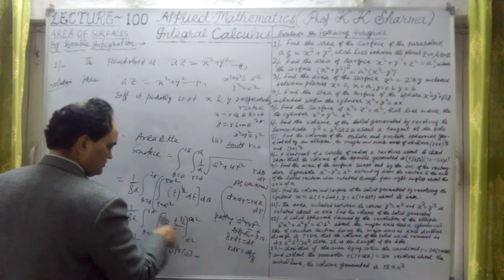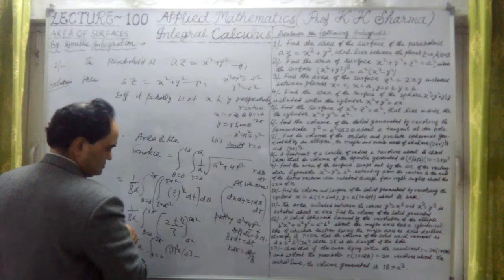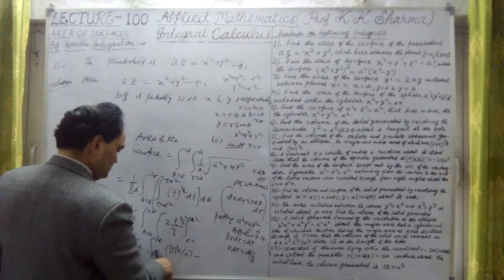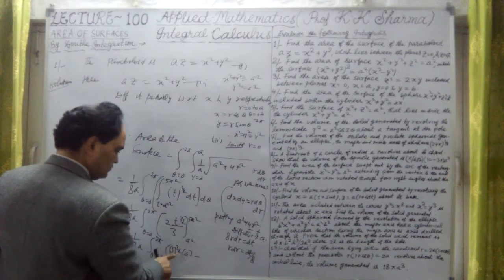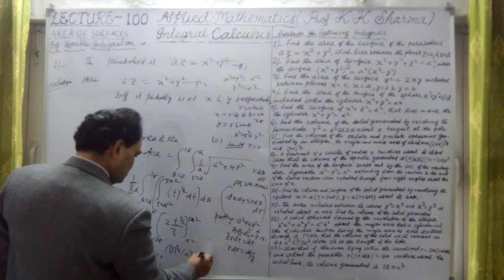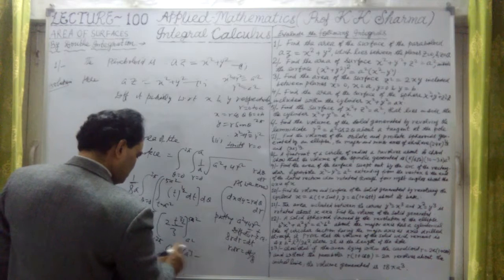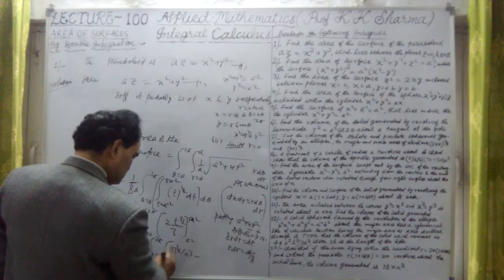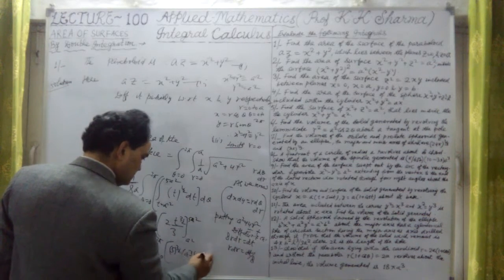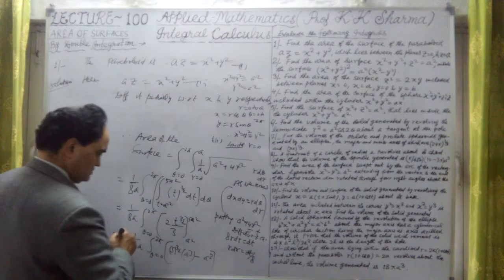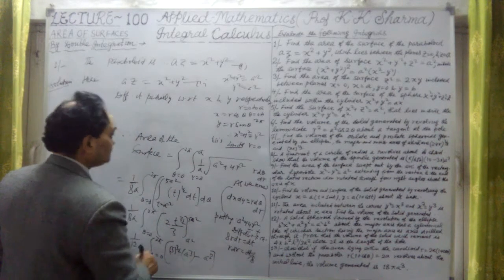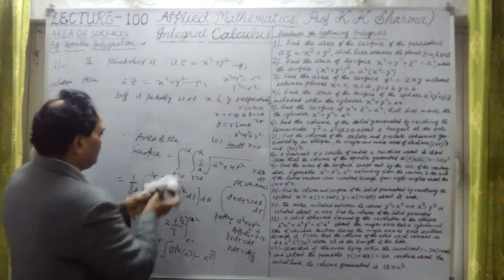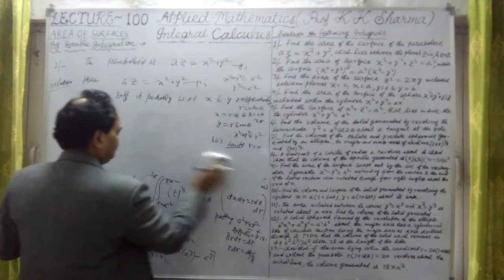That means 5 under root 5 aq minus aq. Let me take aq outside.